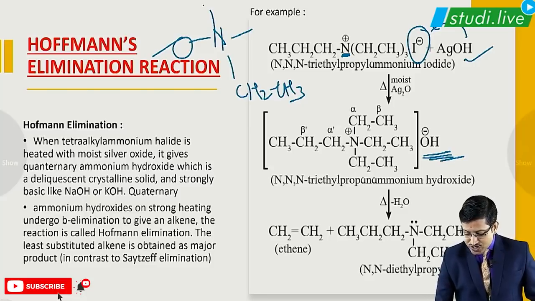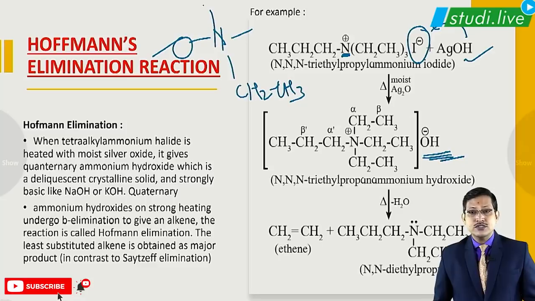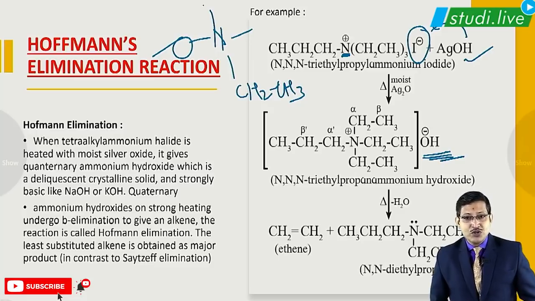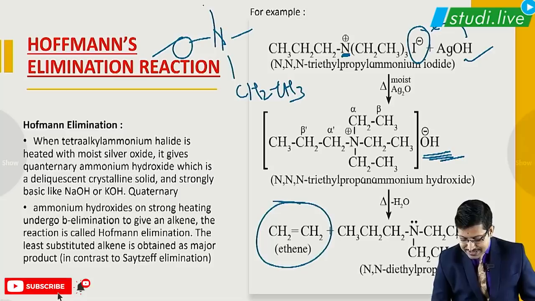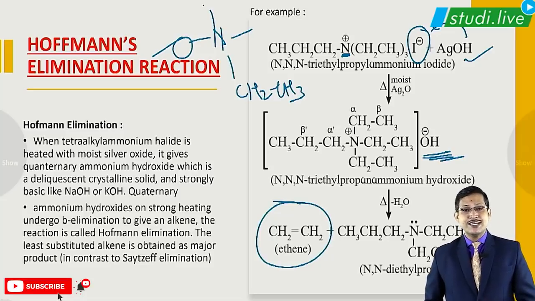Now when this OH minus is formed, this is your first product. After this, the removal of water: this OH from here and H will combine together to remove a water molecule, and what we are left with is CH2=CH2, and that is called ethene formation.